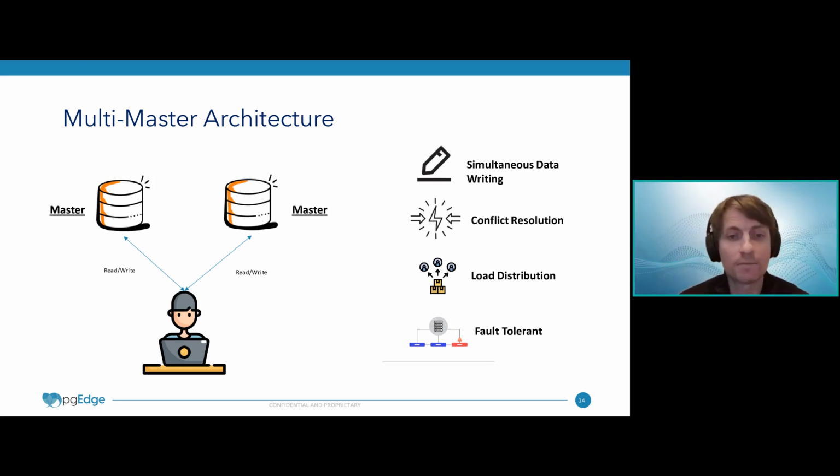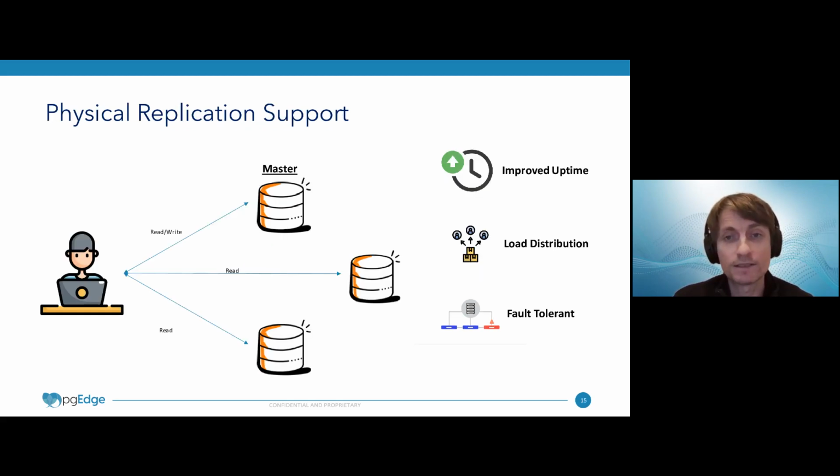It also opens up opportunities to be tolerant to certain disaster circumstances. It also allows you to load balance your data across multiple different nodes, which can be helpful, especially for some of our customers which have their write node overloaded just due to the amount of connections and data going through it. By having multiple write nodes, that really opens up a variety of different core capabilities and ability to resolve certain business requirements.